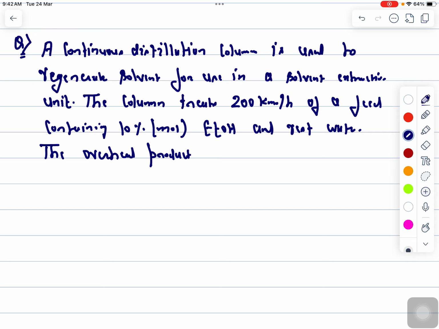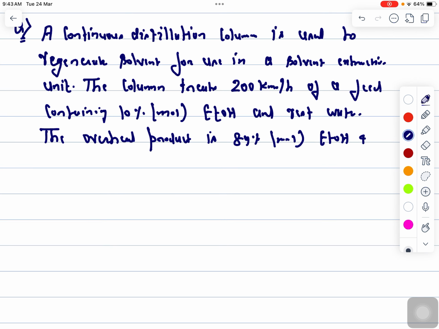The overhead product is 89% by mole ethyl alcohol, and the bottom product is 0.3% by mole alcohol, right?